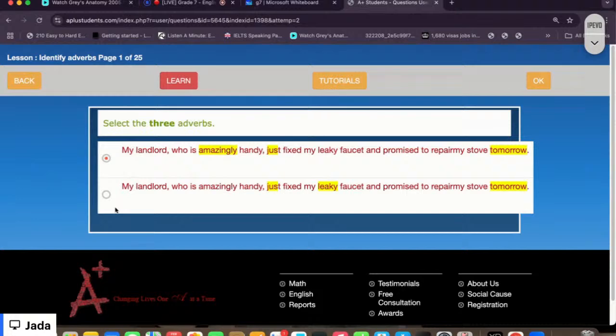All right, my landlord, who is amazingly handy, just fixed my leaky faucet and promised to repair my stove tomorrow. So which is the adverb here?